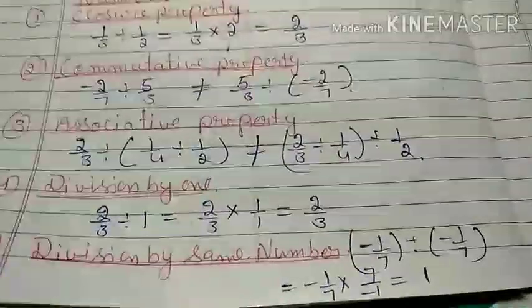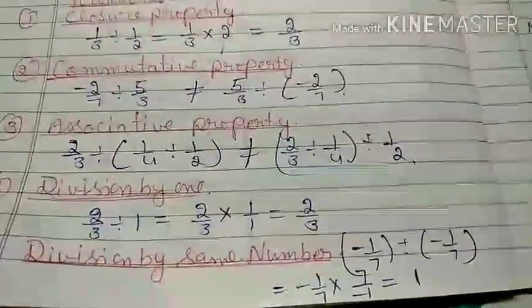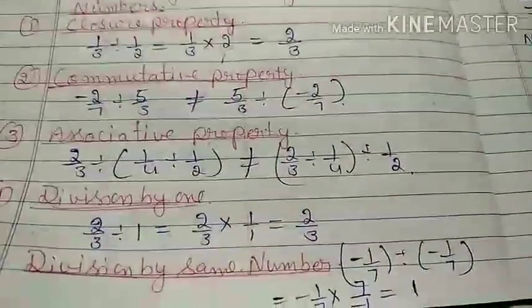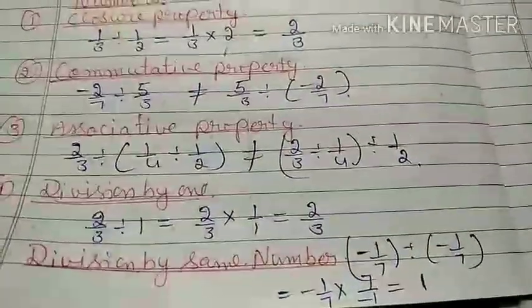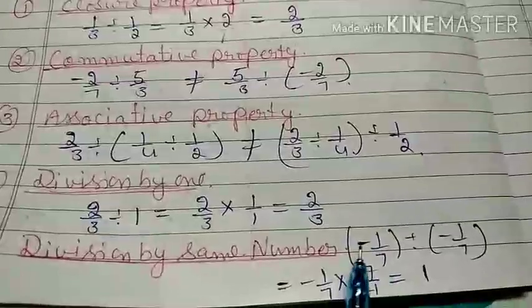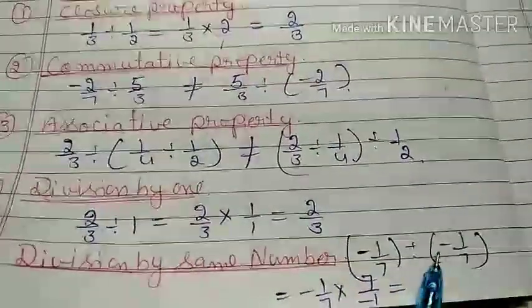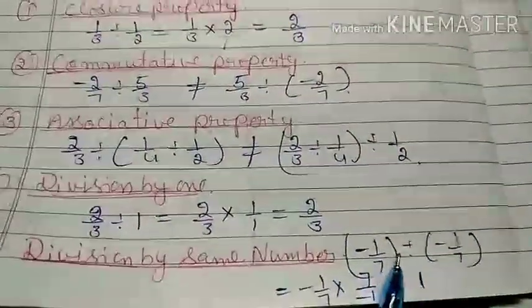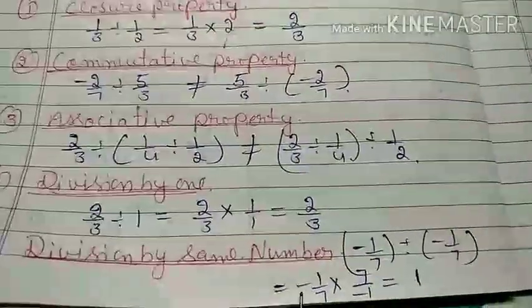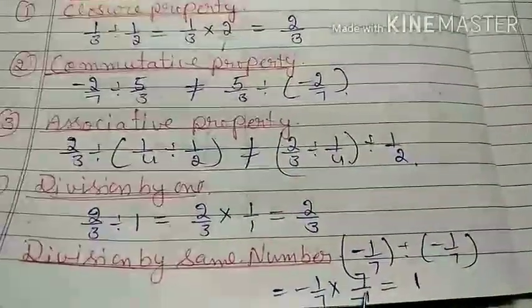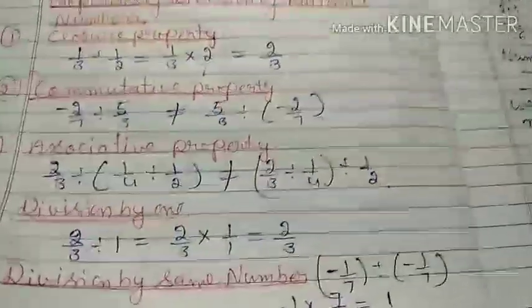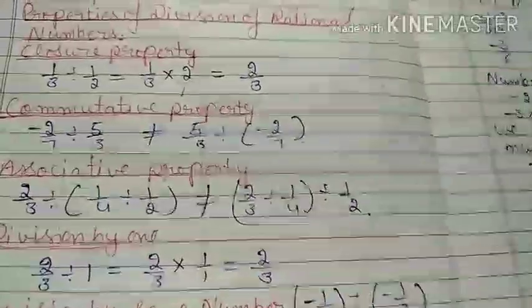Next is division by the same number. If you divide any rational number by the same number with the same sign, your answer will be 1. Here if I have a question minus 1 by 7 divided by minus 1 by 7, when you change divide into multiply, that gives you minus 1 by 7 into 7 by minus 1, and when you cancel each other, your answer will be 1.